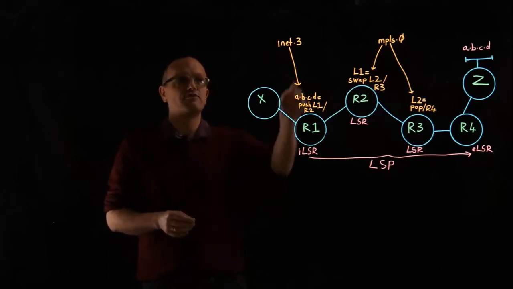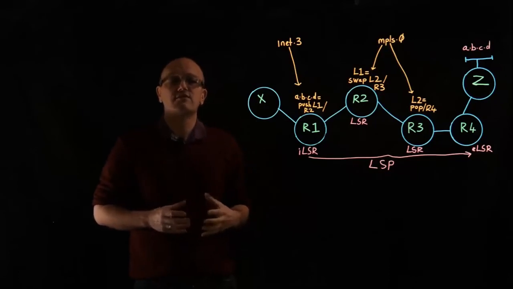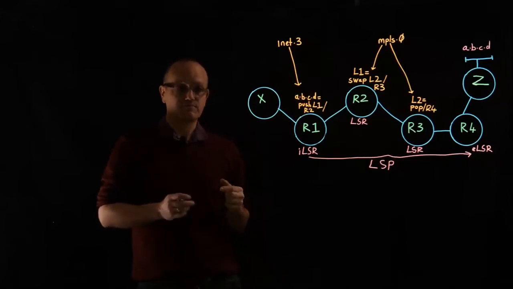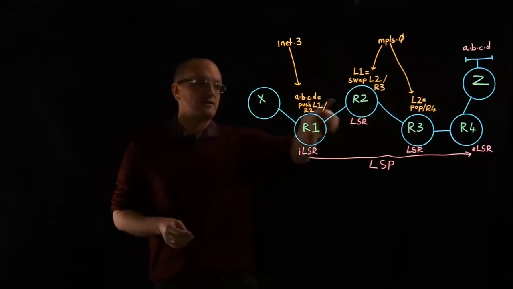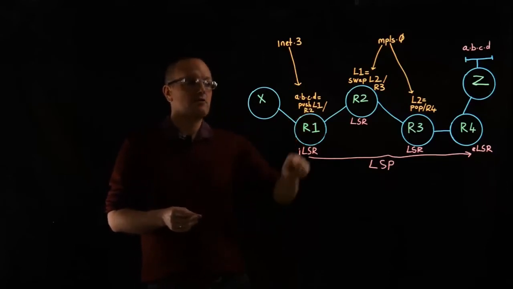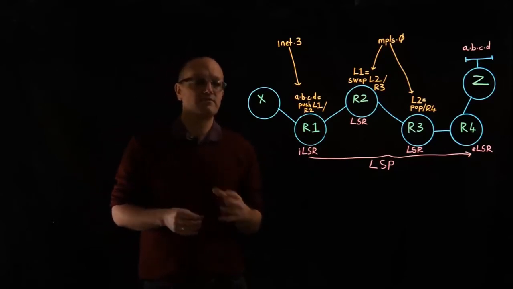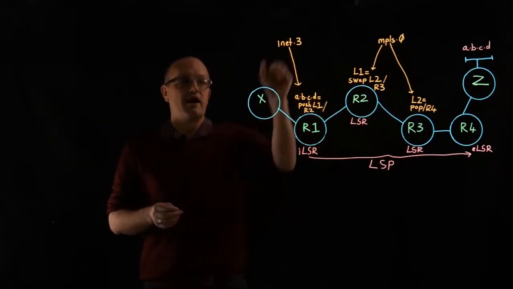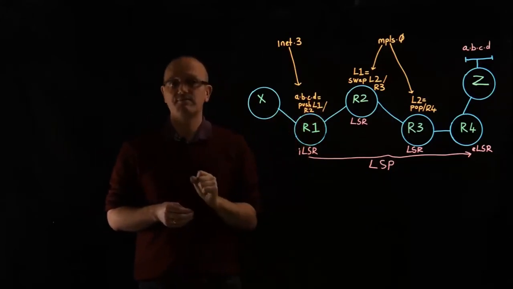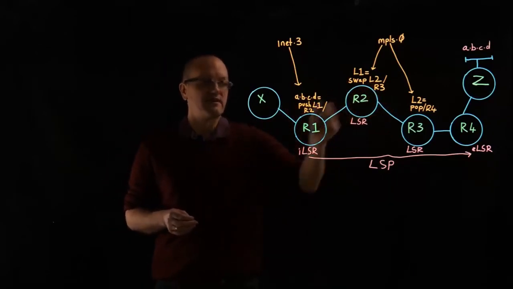And we'll take a look at this routing table in a little bit more detail in subsequent videos. But the key thing to note here is that the resolution in this inet.3 table gives us a label value and an egress interface pointing at router 2. So what router 1 does when it's found this entry in inet.3 is push a label of L1 and forward this packet out of the interface facing R2.